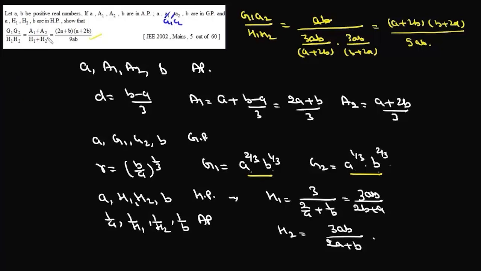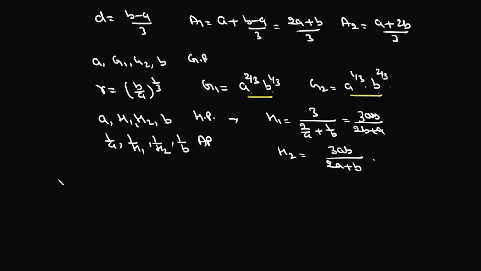So if we take A1 plus A2, it will be 2a plus b, and this is a plus 2b, which is 3a plus 3b upon 3. So it will be nothing but a plus b.